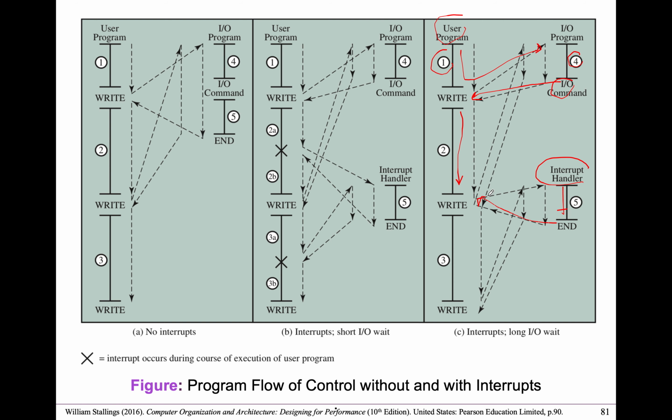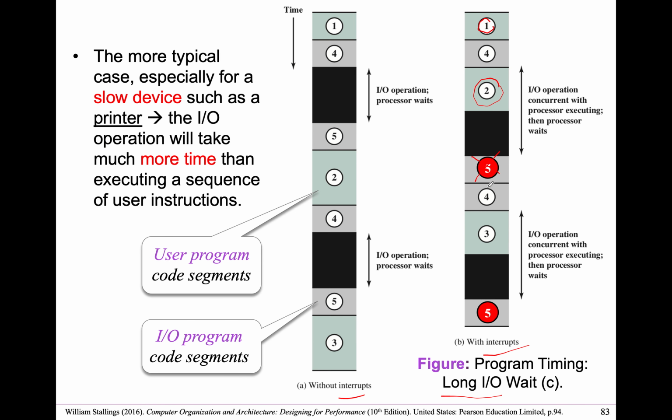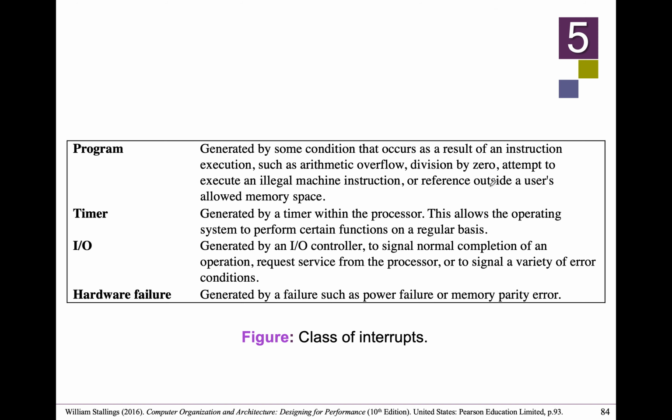Then you go back to your user program again. So this is the flow. You go to the input output instructions, and after you finish, you're going to go back to your user program. So it's going to continue if you have the next instruction, and so on.